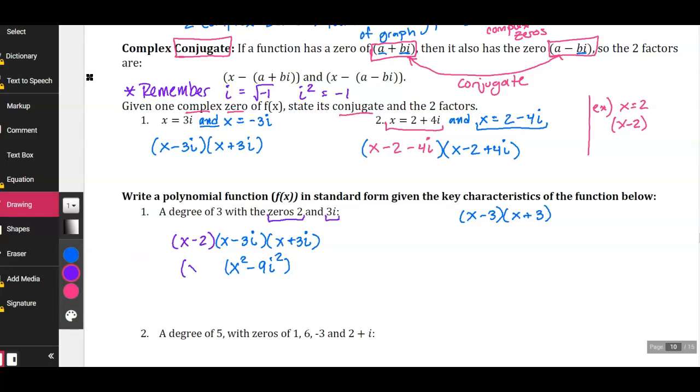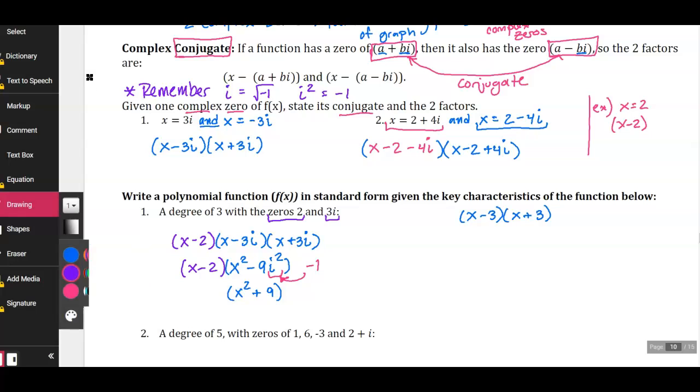Now, what further can I do here to my quadratic just to simplify it? Yes. Remember, we just went over i squared is equivalent to -1. So this becomes x squared plus 9. Exactly. Ruby, I see exactly why you previously said sum of squares now. Because technically this is right now a sum of squares.